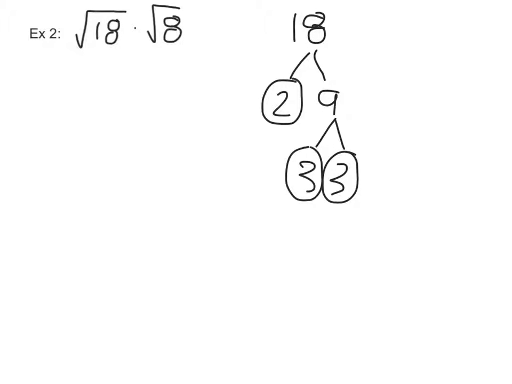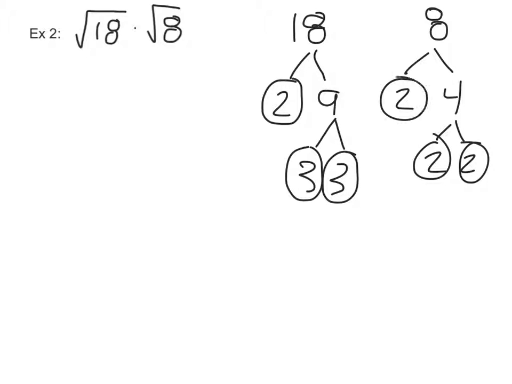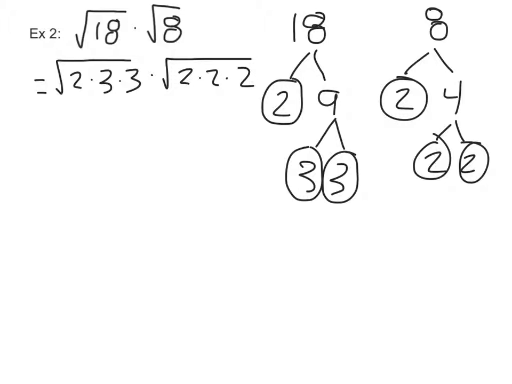So we have all of those values. If we look at 8, 8 can go down to 2 and 4, 2 and 2, and we have all of those primes as well. So now what we can do is represent 18 by 2 times 3 times 3, and then we can multiply that by all the factors of 8, which is 2, 2, and 2.